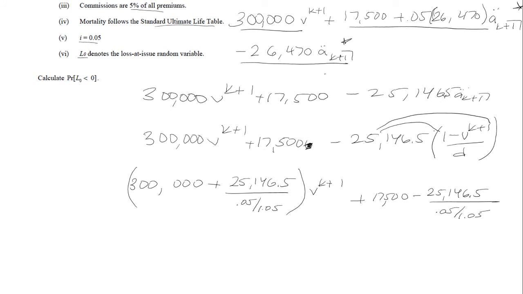The first one is here, and then the other one is over here. Again, we're going to simplify this, and we're going to get 828,076.5 v to the k plus 1 minus 510,000.5. And so this is the loss at issue.